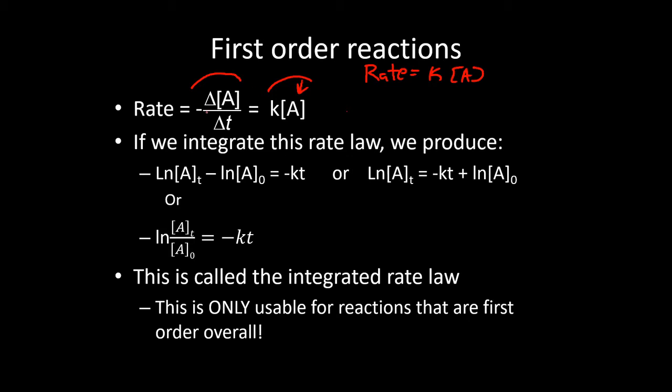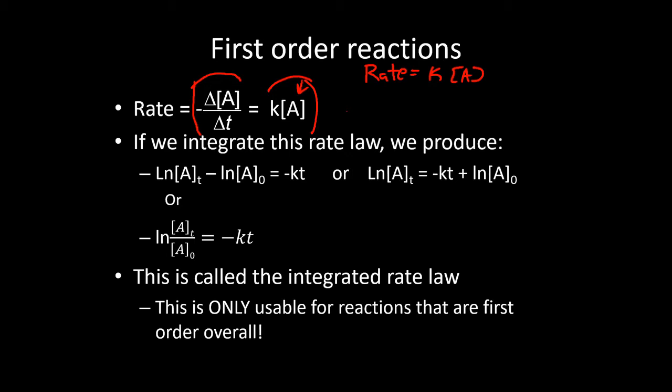So if we have this, and we set that as an equation, that is a legitimate mathematical equation. Negative the change in concentration of A, since we're looking at a reactant, over the change in time is equal to some constant K times the concentration of A. While that is a perfectly legitimate mathematical equation, it's not terribly useful to us.